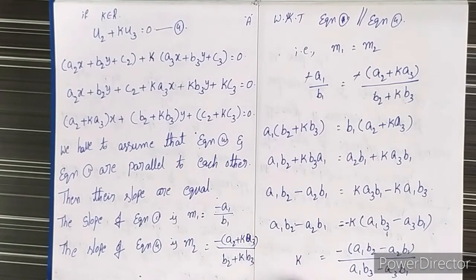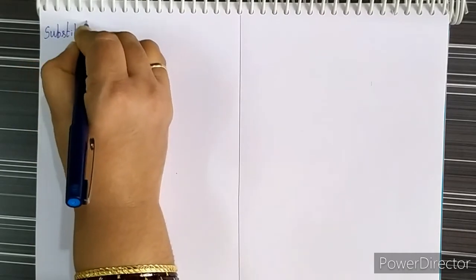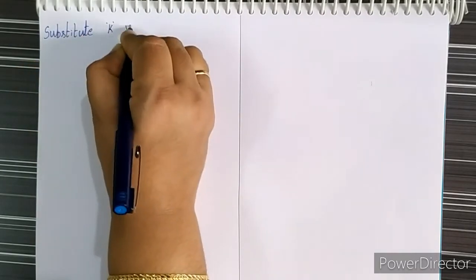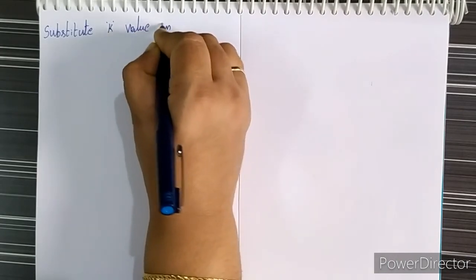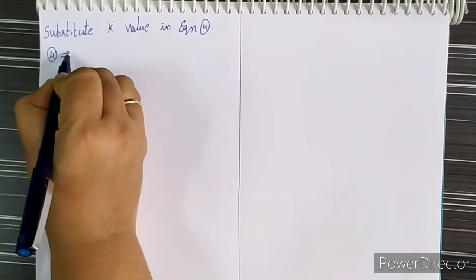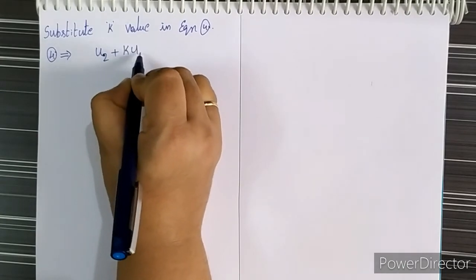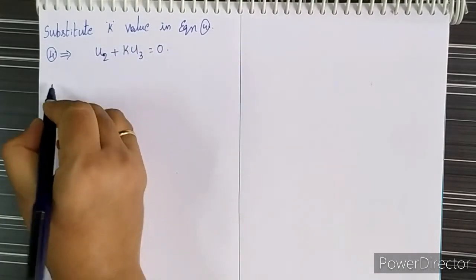We have to substitute this k value into equation 4. Then finally we get the required straight line equation. Substitute the k value in equation 4, that is u2 plus k u3 equal to 0. This is the fourth equation.